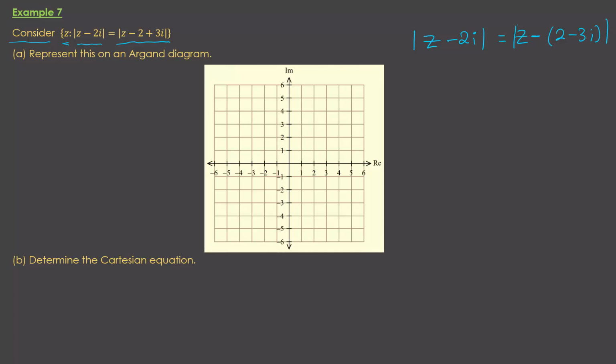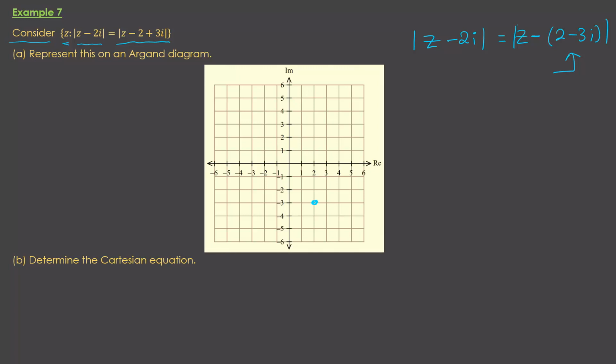If you think about expanding the bracket, that would give us z − 2 + 3i. But writing it in this form means that we're at the point (2, −3). So (2, −3) is one of the points we want.